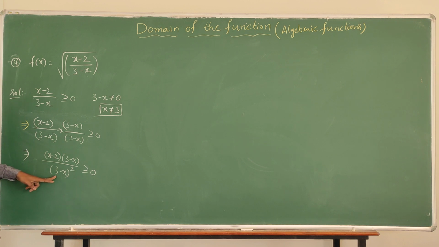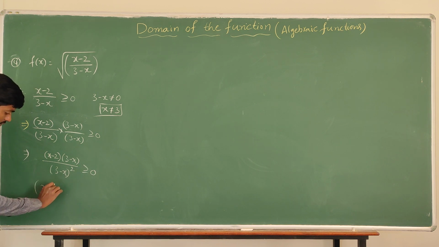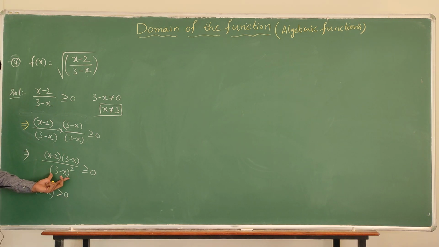So in the denominator 3 minus x whole square, if I substitute any real number in place of x, I will get a non-zero number. The square of a non-zero number is always greater than 0. So 3 minus x whole square is always greater than 0. Since the denominator is greater than 0 and the whole expression is greater than or equal to 0, obviously the numerator is also greater than or equal to 0.